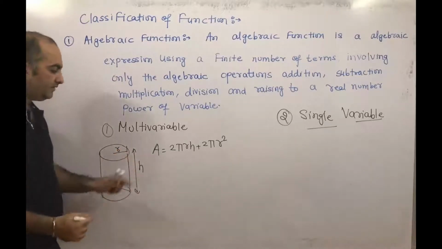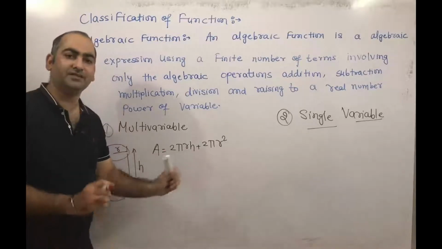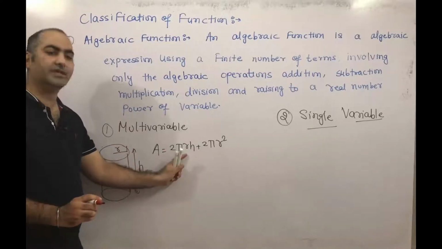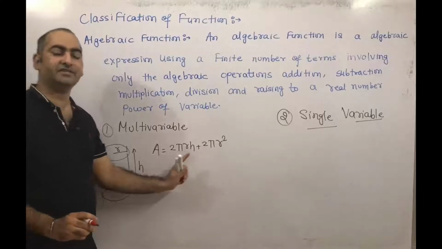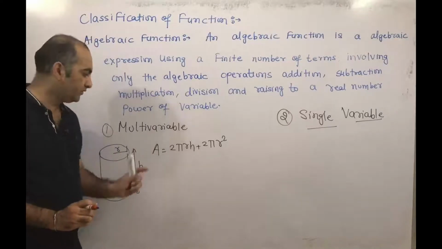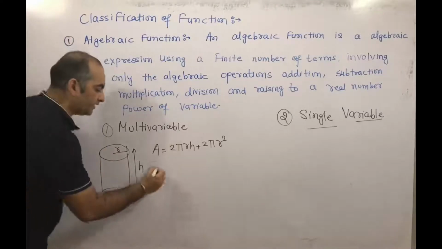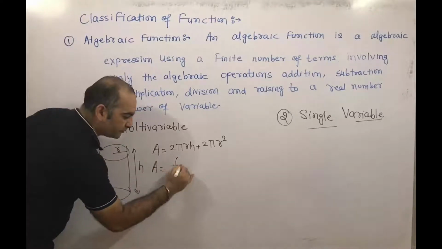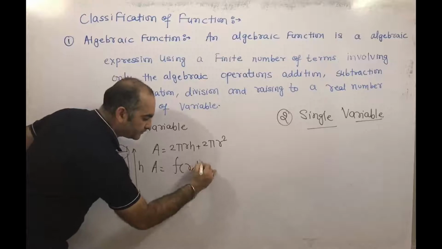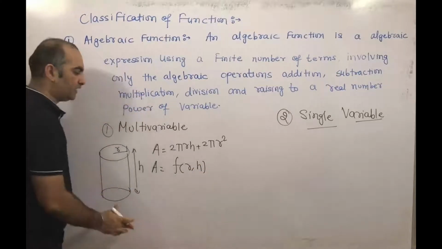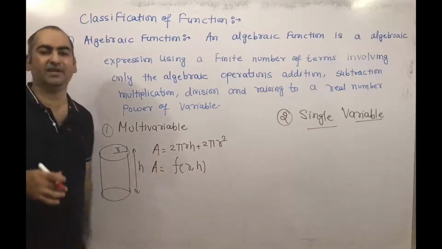That means A will depend on R and H. If I change the R value, the surface area will change, and if I change the H value, it will also change. So we can say that A is a function of R comma H. Here we have two variables, so this function is called a multivariable function.